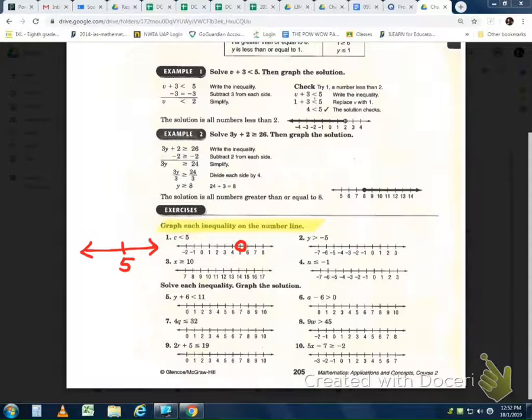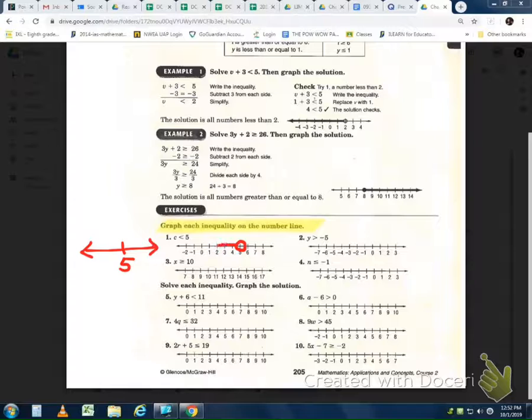Now, it says C is less than 5. If it's less than, which way do you shade? What's the rule say? If it's less than, which way do you shade, Irene? If it's less than, you shade left. To the left.